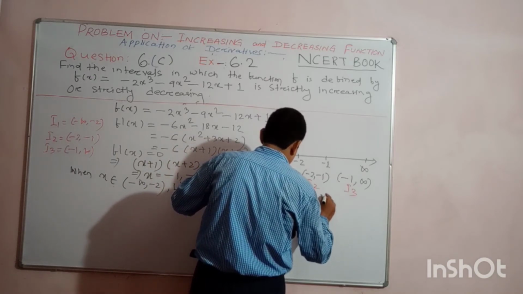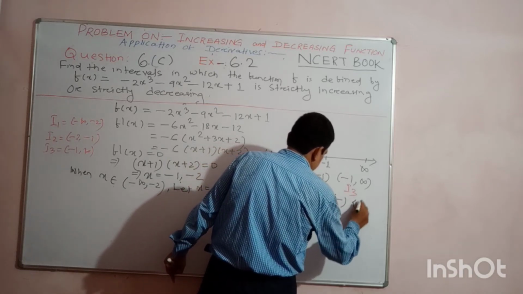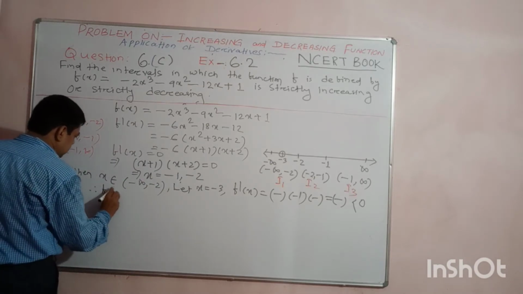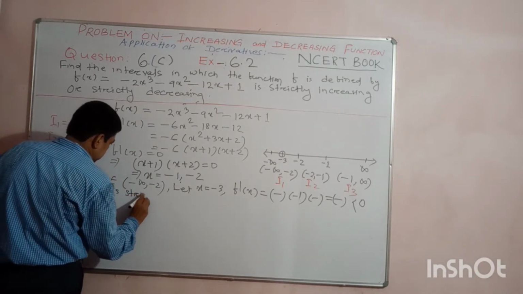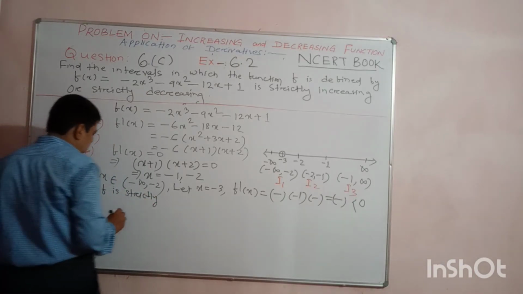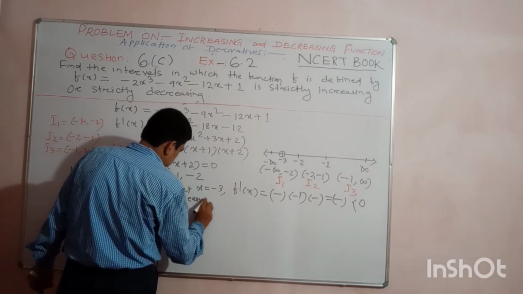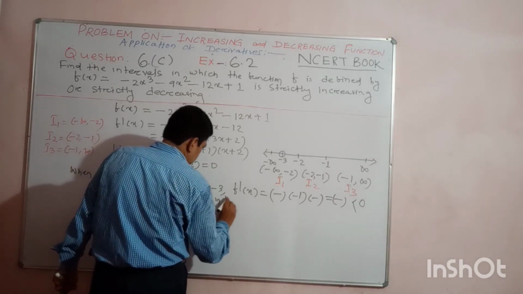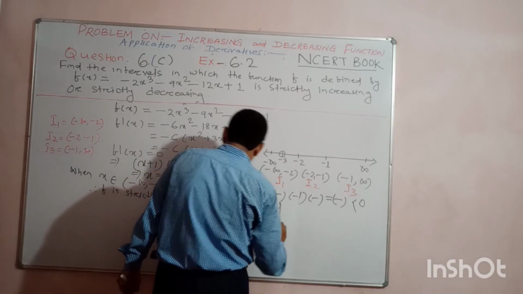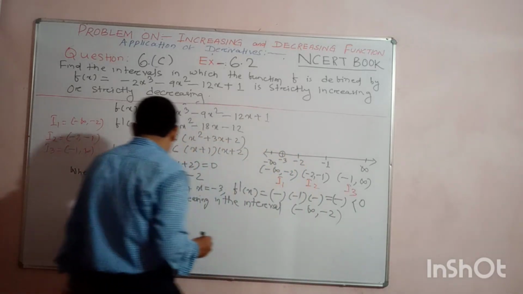So the overall sign is negative, hence f'(x) is less than 0. If the slope is less than 0, the function is decreasing, hence f is strictly decreasing in the interval minus infinity to minus 2. Is it clear?